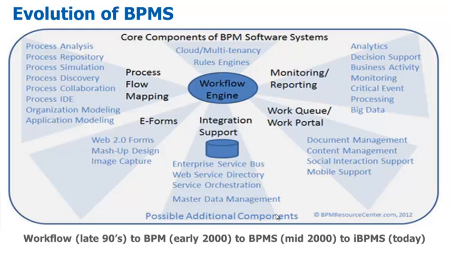From there, you can look at each one of these rays. For example, if we look at the process flow mapping ray, it continued to expand. As companies started to create flow diagrams for their processes, they wanted to be able to analyze those processes, create a repository where they could store them and search on them, and run simulations and what-if analysis. If we change this many resources, how could our process then be improved?